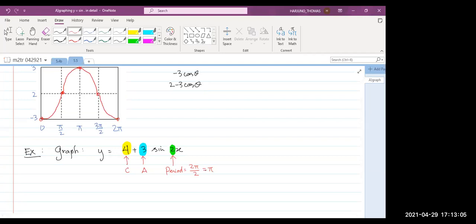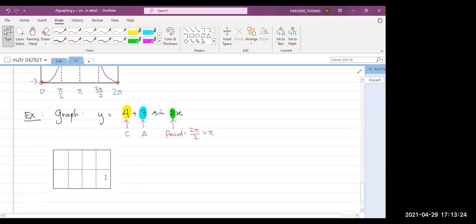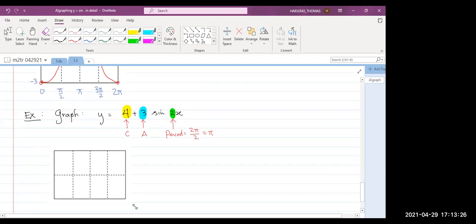Imagine if you have a movie that runs for 2 hours, but you play that movie twice as fast. Then you will finish that movie in 1 hour instead. The sketch of the graph: the center is 4. The amplitude is 3, which means you go up 3, you get 7, you go down 3, you get 1.